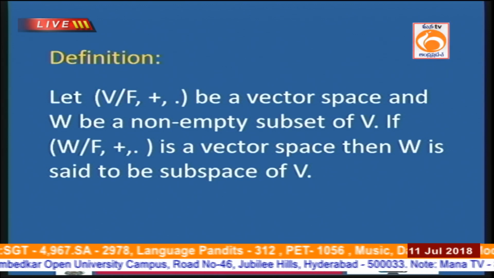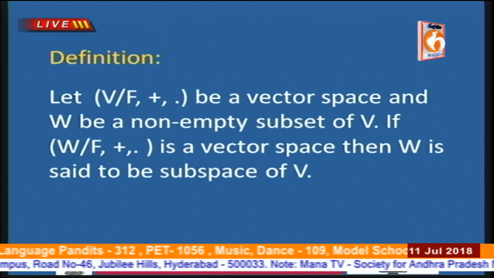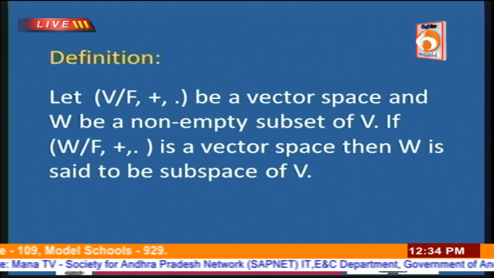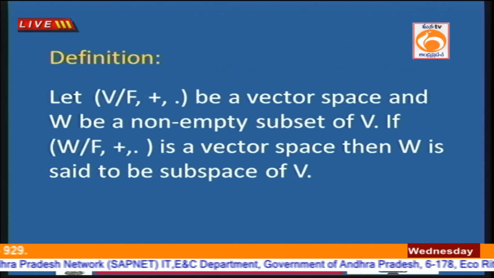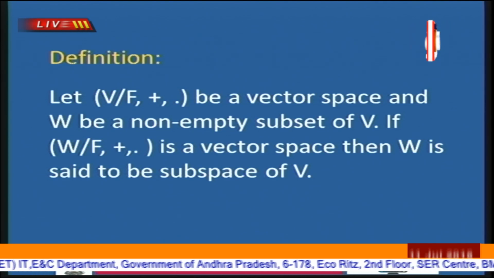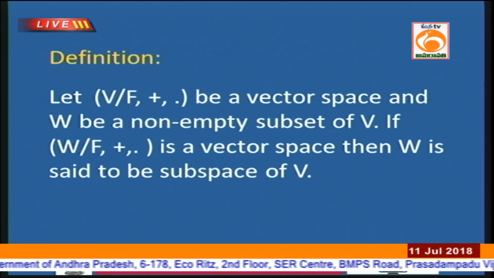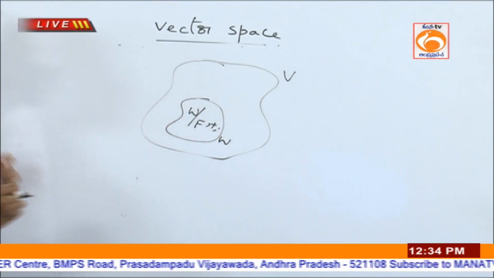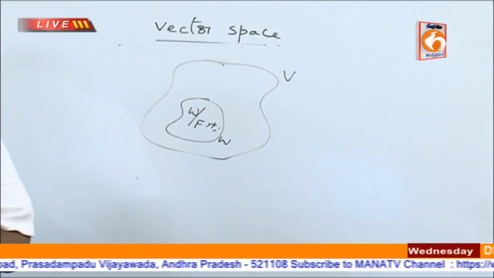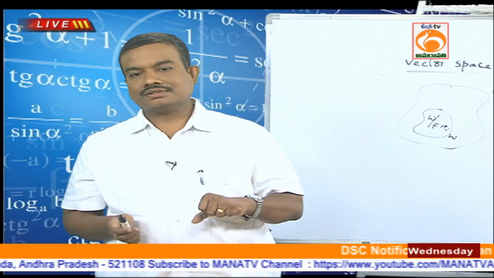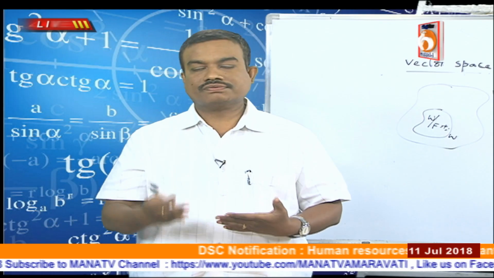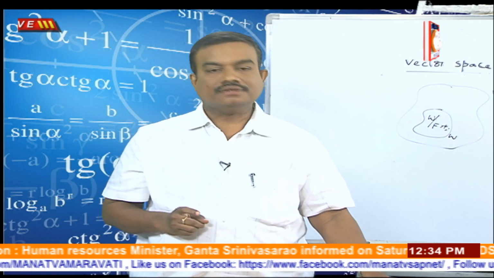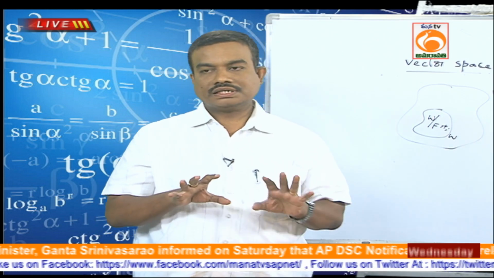You consider the total structure with respect to W. If I draw the picture, suppose this is V, and this is W. Now, consider only this W over F with plus and dot. If that subset of V is a vector space, satisfying all the conditions of a vector space, then W is called a subspace of V. Is the definition clear?